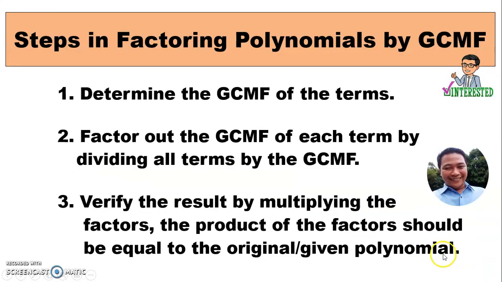Continuing to step number 3, it says here, verify the result by multiplying the factors. The product of the factors should be equal to the original or the given polynomial.